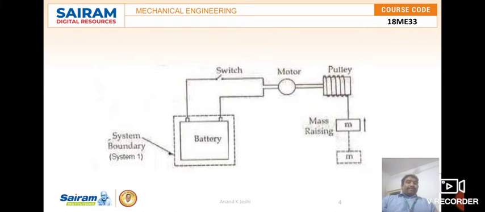When you replace the fan by a pulley, the pulley can lift the weight. When the battery is connected to the motor, the motor shaft is connected to the pulley, so the pulley can lift the weight against the gravitational force. This is the definition of work.